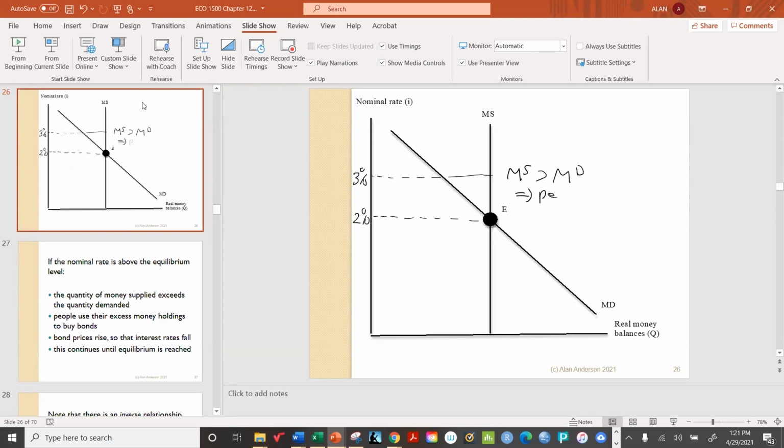And this, by the way, is often referred to as a surplus. There's surplus money in the economy that people actually don't want to hold. So people use the surplus to buy bonds.